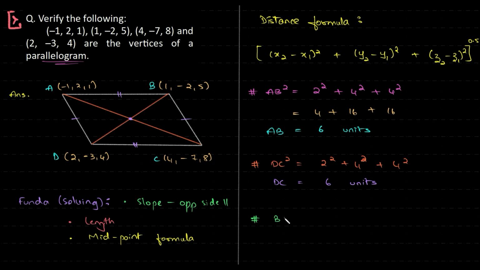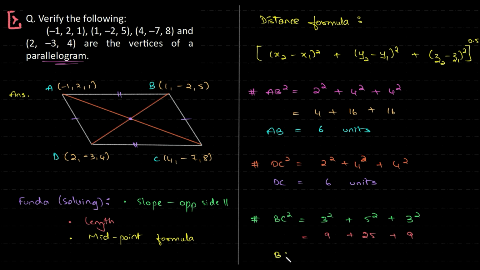Then we have BC square, which is equal to 3 square plus 5 square plus 3 square. So that would be 9 plus 25 plus 9, which is 43.